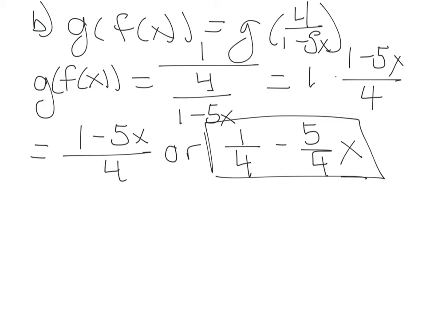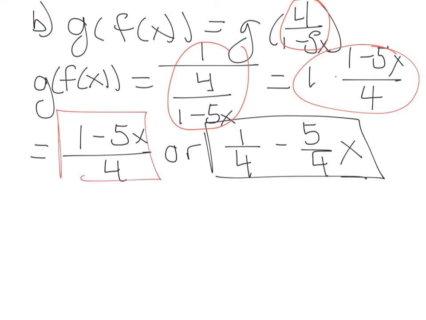Okay, so when I did g of f of x, I'm going to plug my f into g. And when I do that, I get this. And then I'm dividing by a fraction so I can flip and multiply like this right here. And then I get this red box thing, or you can separate it and divide each piece by 1/4. So what you really have is 1/4 minus 5 over 4x, which you know is a linear function with a y-intercept of 1/4 and a slope of negative 4/5.